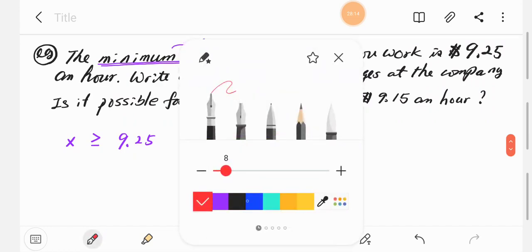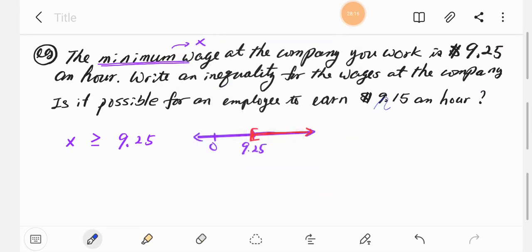Alright, then let's check whether $9.15 an hour is possible. So plug in $9.15 and let's check if this is true. Okay, $9.15 is over here, right? So $9.15 is less than $9.25.